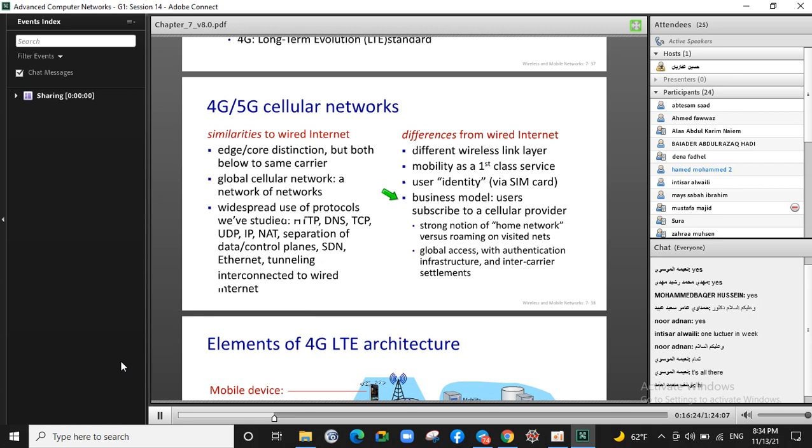I need an authentication infrastructure. How can the telecommunication company know that I am using, for example, the internet service over the network? They should authenticate me first.